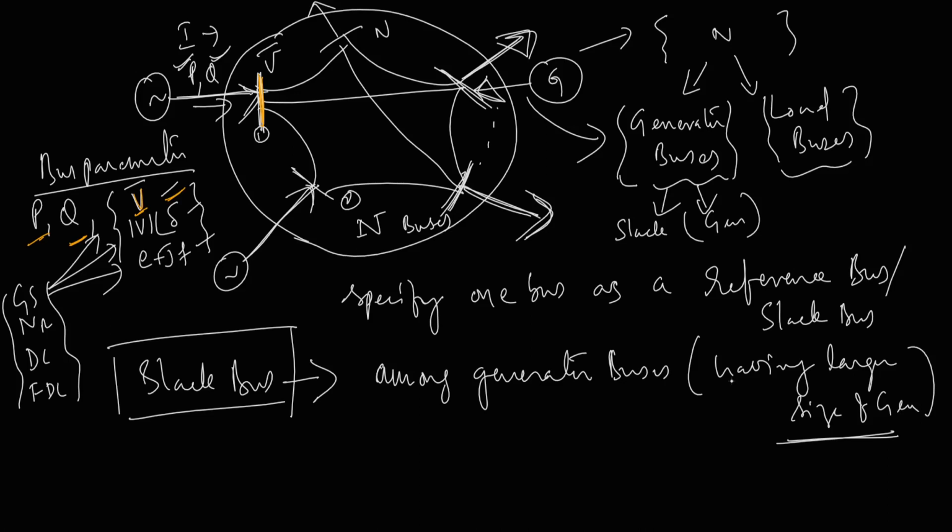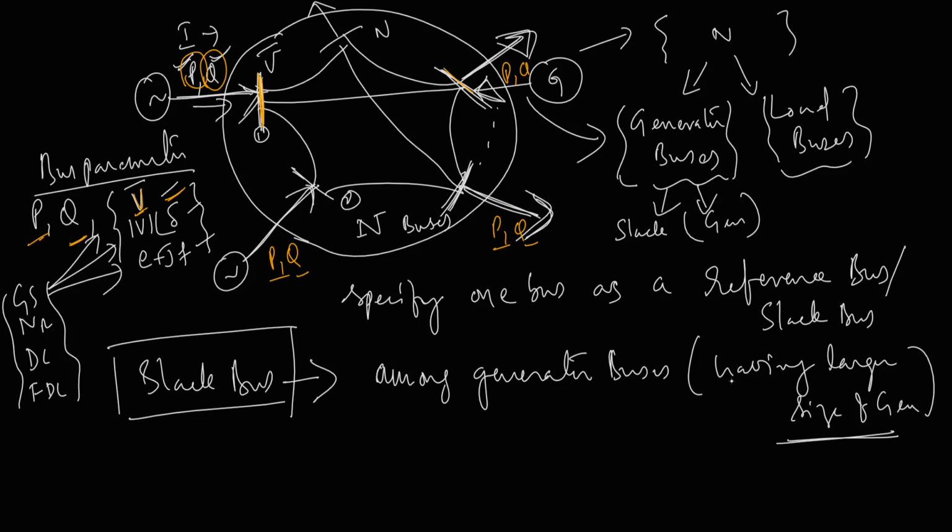Okay. Now in these parameters, as I said, if I go on to specify P and Q at all generator buses and load buses like this, what does that mean?